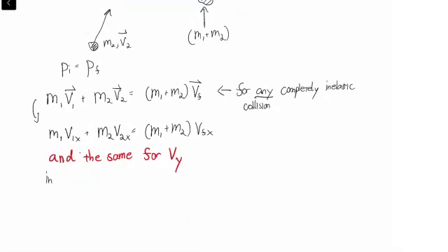In 2D, you have two equations, which means you can have two unknowns. So you can not know, for example, the final velocity vector. If you know the final velocity vector, you can figure out what the two incoming masses were, if you know the initial and final velocities of everything. Or you can figure out the initial momentum of one of the particles, or if you know the final angle, you can figure out the initial angle of the two particles.